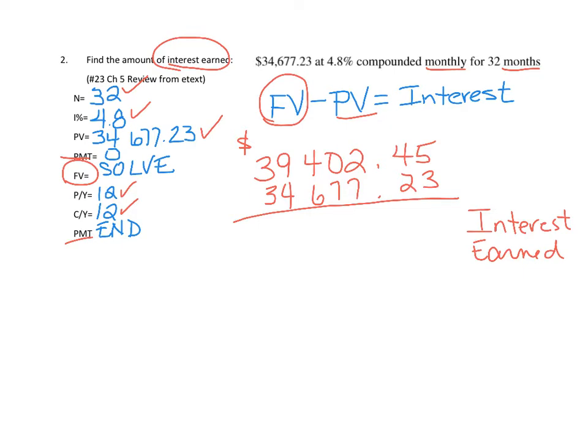So 39,402.45 minus $34,677.23 is $4,725.22.